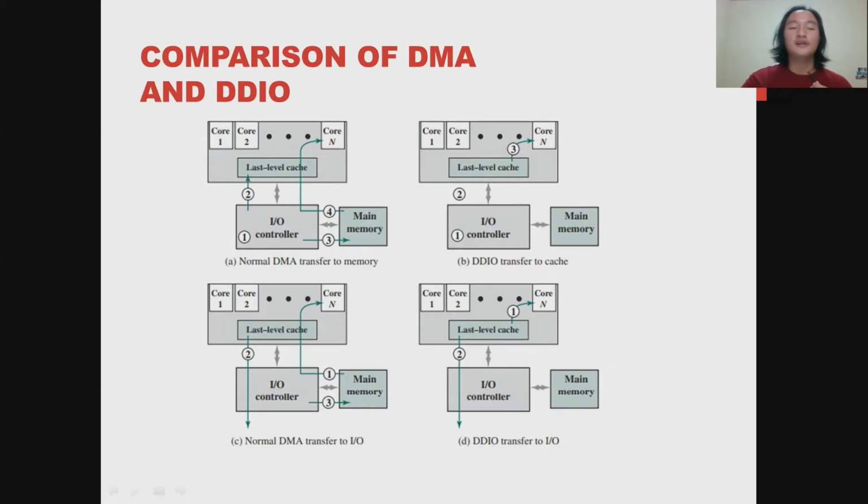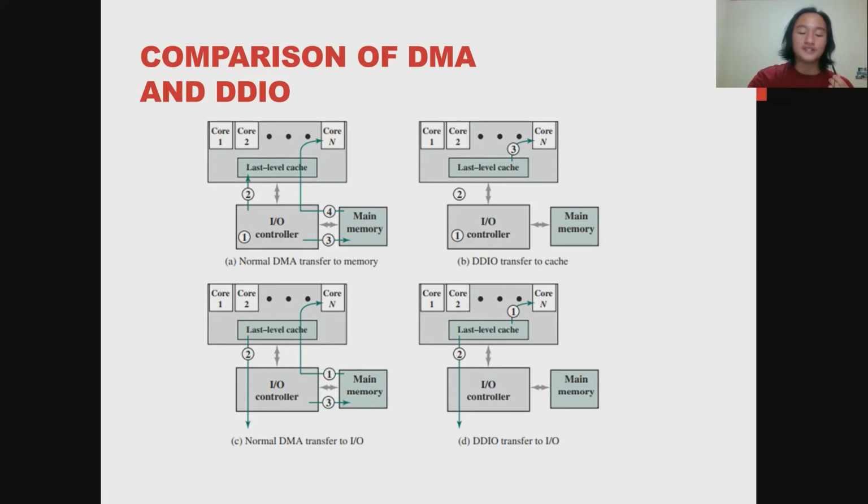Now we're going to compare DMA and DDIO. First, we look at the case of a packet arriving at the NIC. Figure A shows the steps involved for a DMA operation. The NIC initiates a memory write, then the NIC invalidates the cache line corresponding to the system buffer.